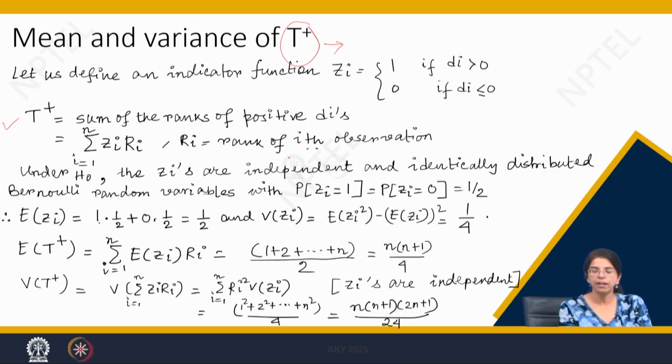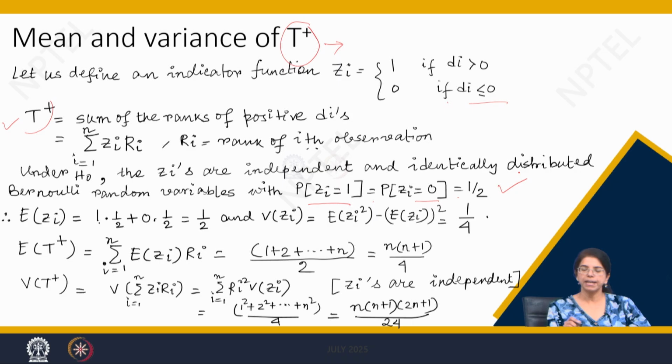Ri is the rank of the ith observation. You might have noticed that when Zi is 0, that means we are dealing with a negative observation, which gives no contribution in the formation of T plus, right? So under H naught, these Zi's are independent and identically distributed Bernoulli random variables with probability Zi is equal to 1 and probability Zi is equal to 0 both equal to half.